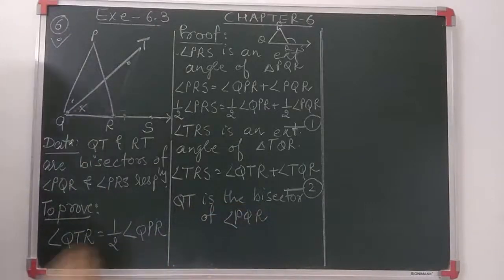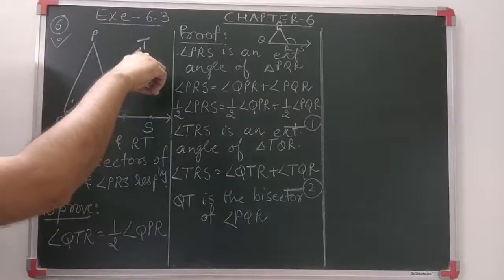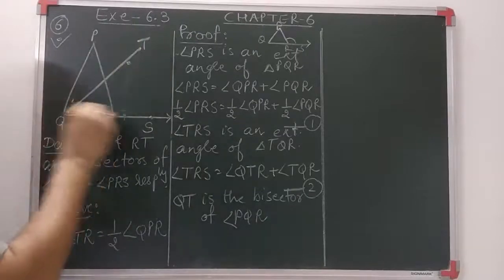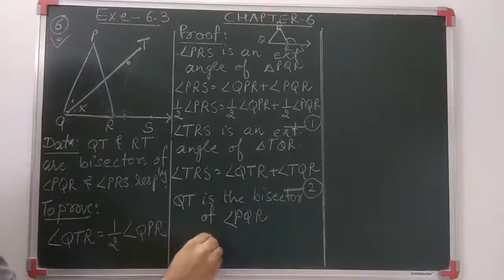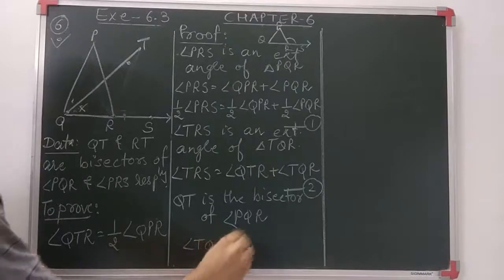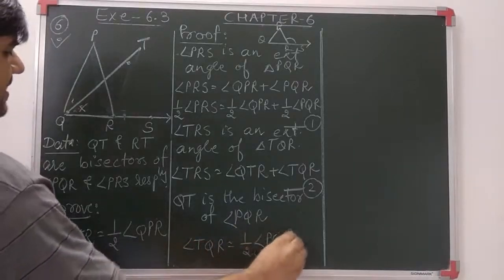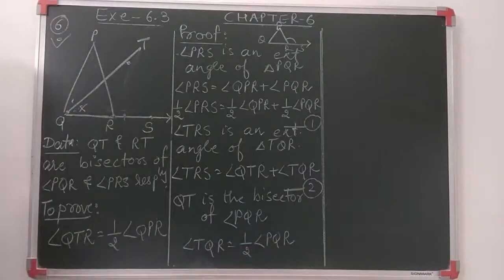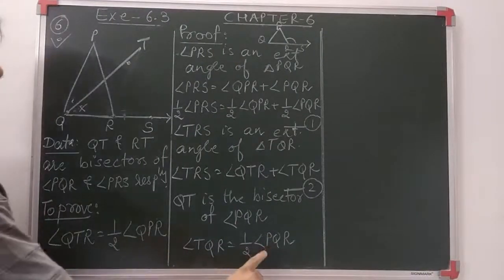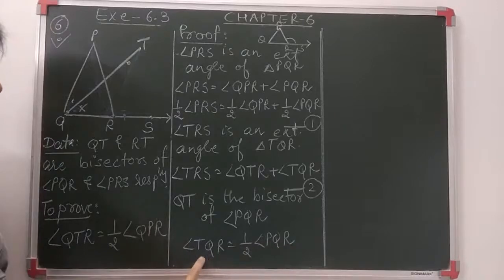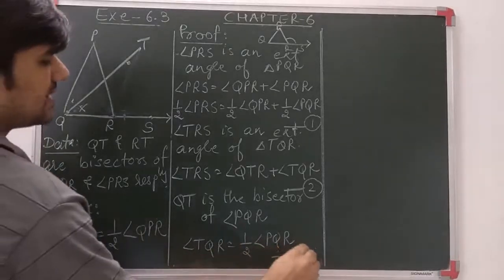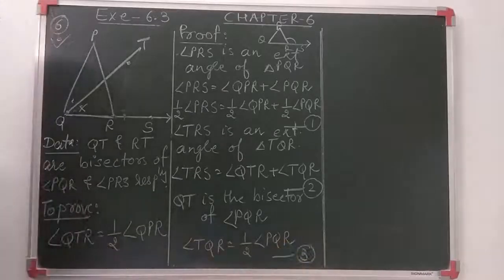So TQR, this angle, will be half of PQR. A bisector means it divides the angle into two equal parts. So one of the two equal parts of PQR is this, which is obviously half of this. Again I'll give this as equation number 3, which we use later on.